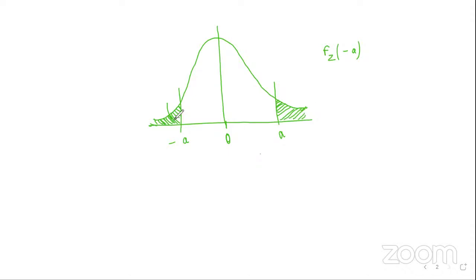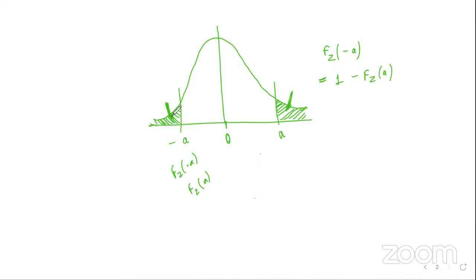So to find this, I can simply write F of minus a. But if I have to write this in terms of F of a, how will I write this? You have to find this area, and this area is the same as this area, so this can be written as 1 minus F of a.